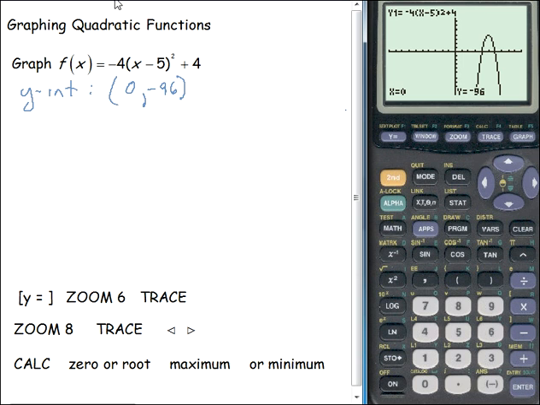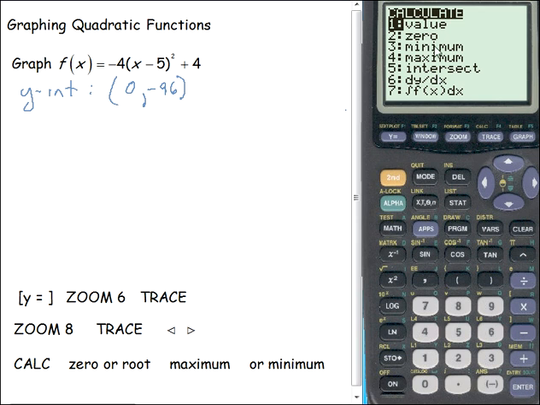Okay? There appear to be two x-intercepts here, and we'll look at these values first. To get them, we use the calc key, and depending on your model of calculator, it might call it a zero or a root.